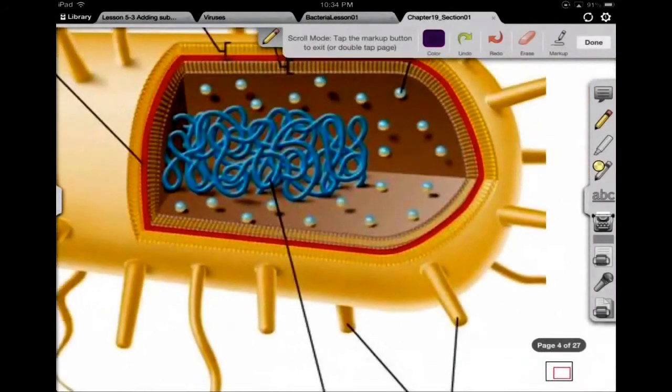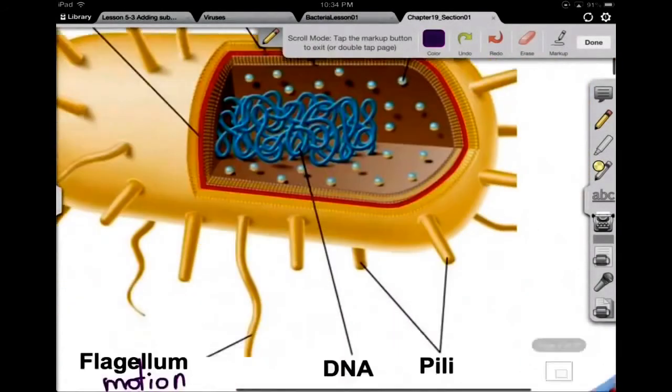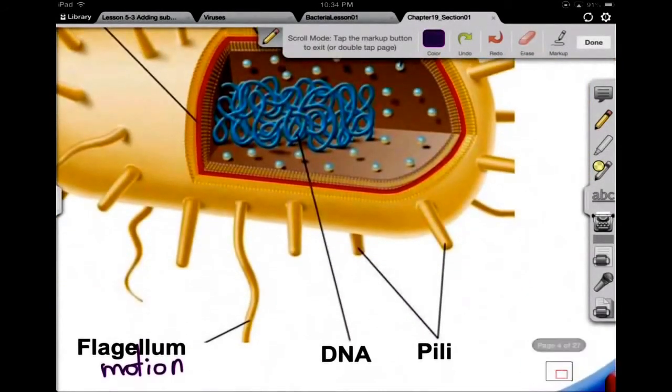Inside the bacterium, we see a region where there's the DNA, and I describe it to students like this: imagine you just put yarn into, say, your purse or into your locker. If it went into your purse, which is my favorite example, it would just kind of occupy the space it's in. DNA is kind of an interesting sort of snot-like substance when you actually extract it. And it's not in a nucleus.